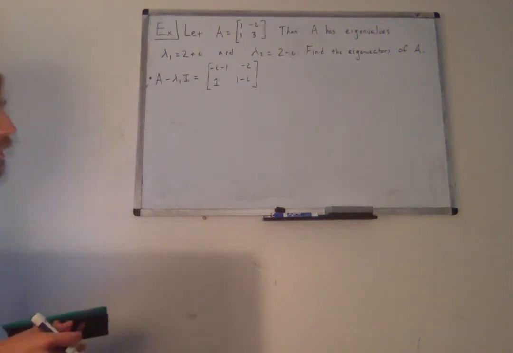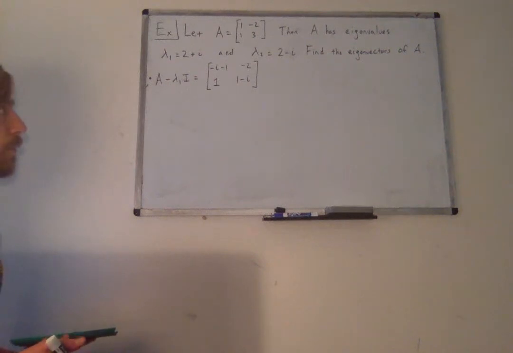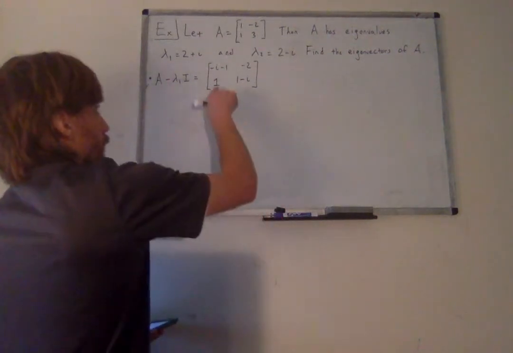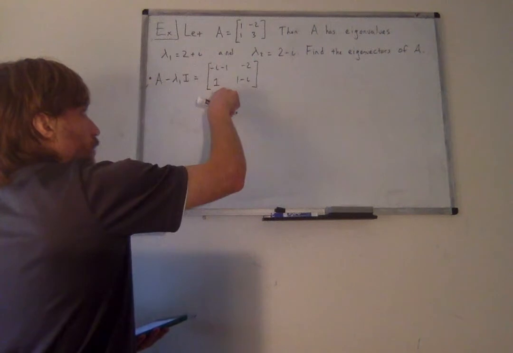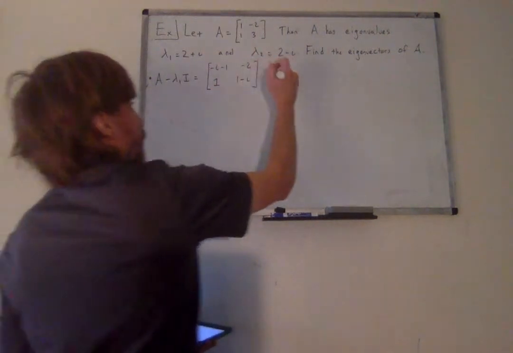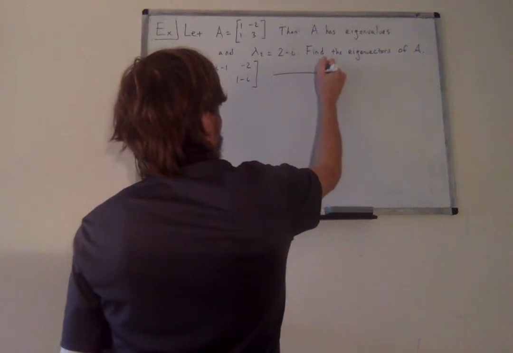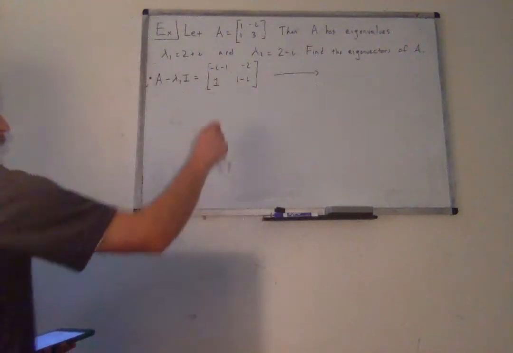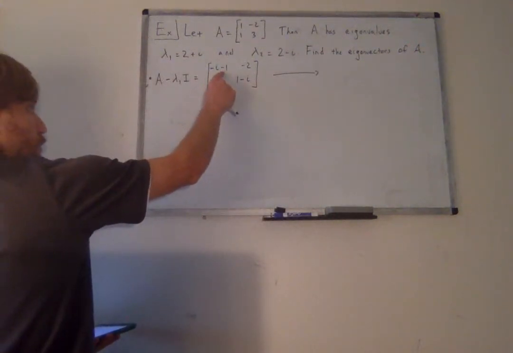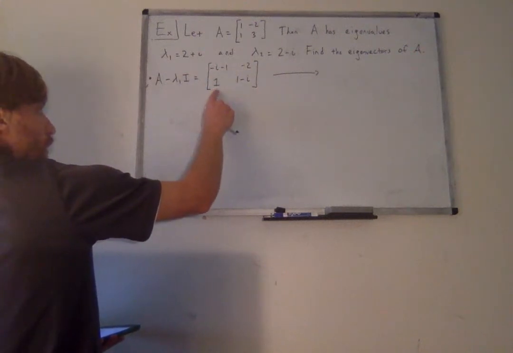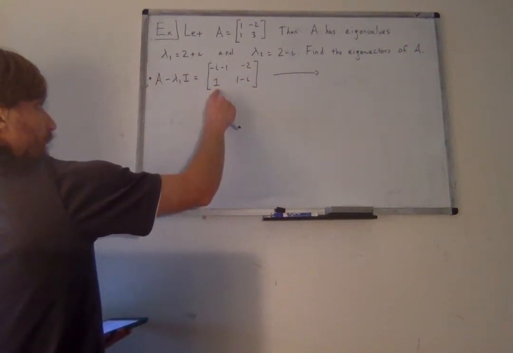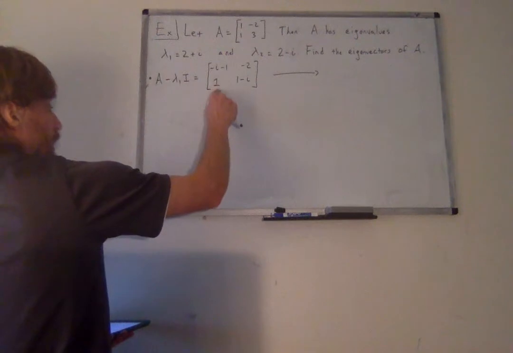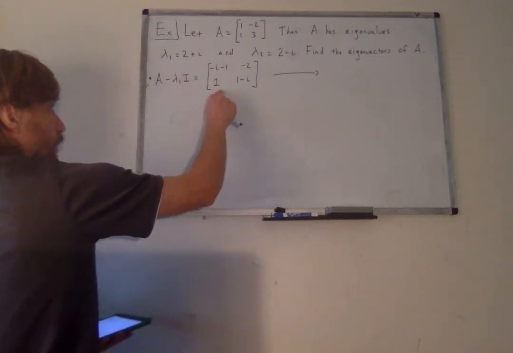We could do that in a couple of ways. What I'm going to do is use the correct division to get rid of this entry. So what we want is to multiply this by something to get 1, and this by something to get negative 1, and add it to this row.